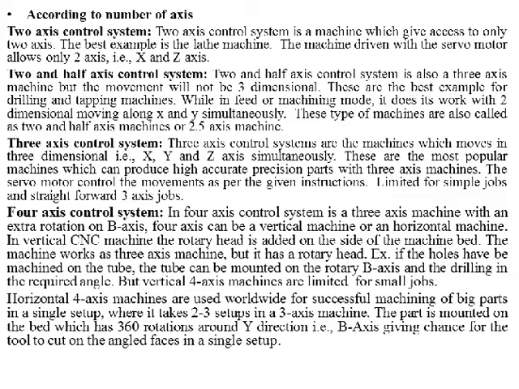The third classification is the 3-axis control machine. 3-axis control machines are the ones wherein the machines are capable of moving in 3 dimensions, that is X, Y and Z axis simultaneously.